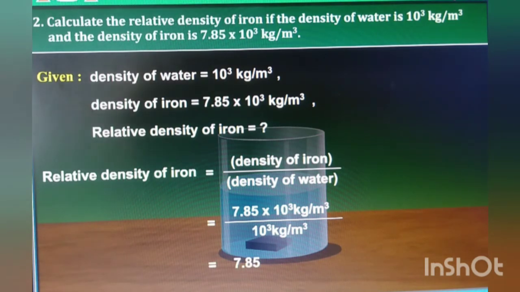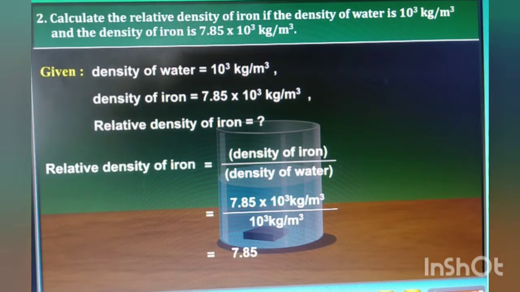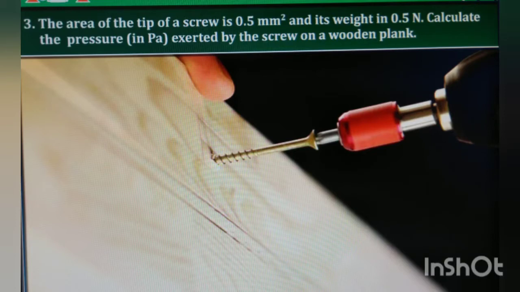So the relative density of iron is 7.85.